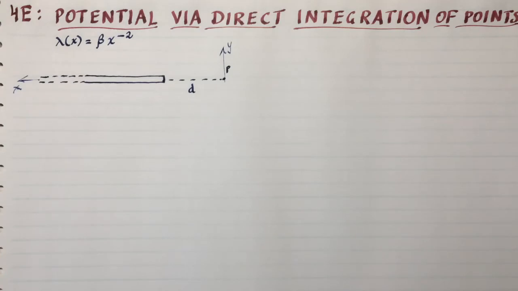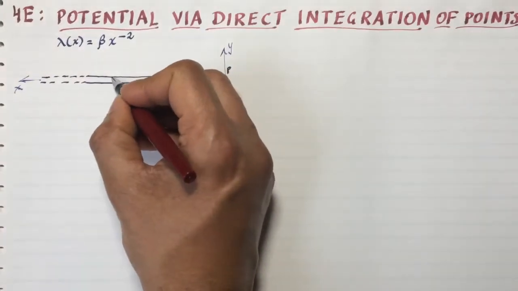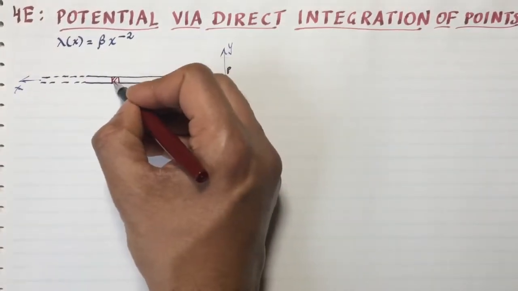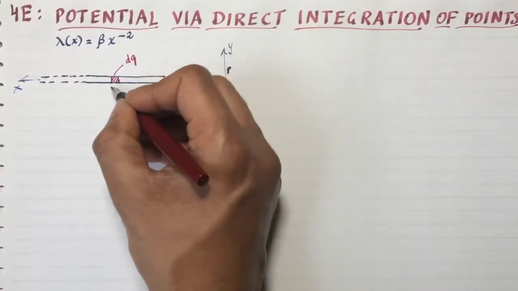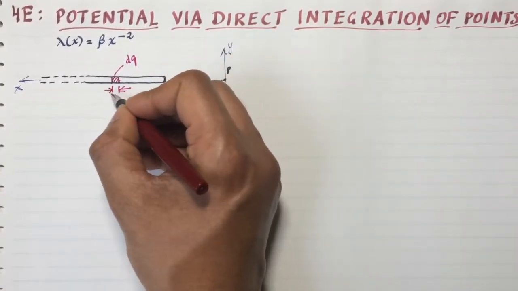Finding the electric field first is not a good option because finding the electric field is just as hard as finding the potential directly. So what we're going to do is take the approach of using calculus directly. If you think about any portion of the rod, it's got a charge dq, and that portion of the rod has also got a length dx.